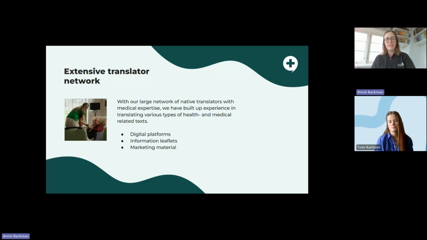And since there are a lot of other organizations and companies out there that have medical texts that need translation, we found that we can fill this gap. It could be digital platforms, information leaflets from a healthcare provider, or marketing material for a new medical device or medical product.